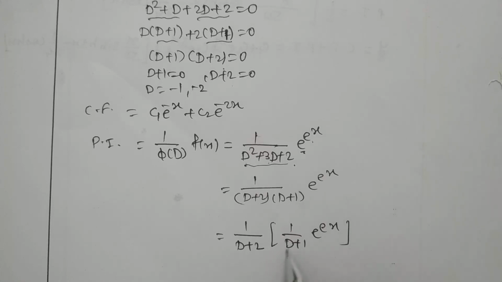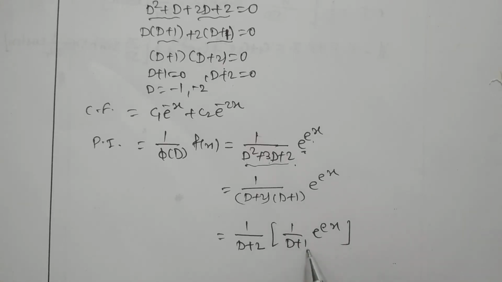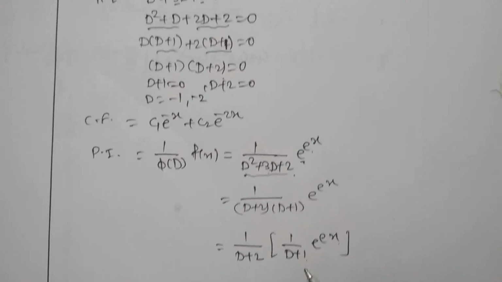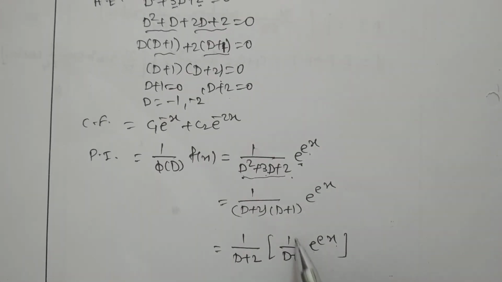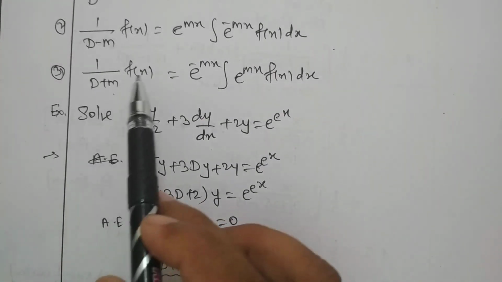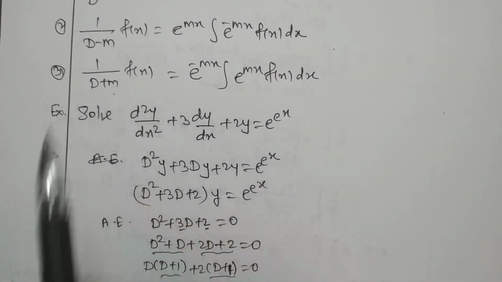First of all I am going to solve this 1 upon D plus 1 into e raised to x. So by using the formula of the general method, 1 upon D plus m f of x, where in this example the value of m is 1 and the value of f of x is e raised to x.